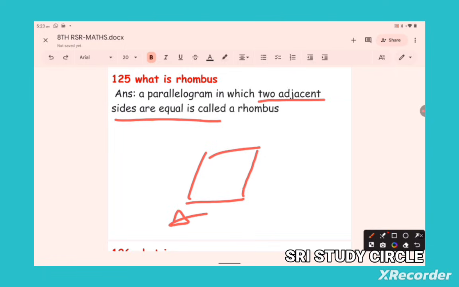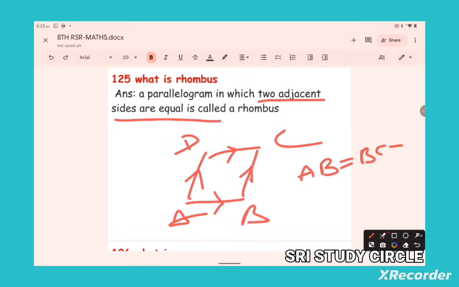Suppose ABCD is a rhombus. AB is parallel to DC, BC is parallel to AD. Opposite sides are parallel, but all sides are equal, means AB is equal to BC is equal to CD is equal to AD.